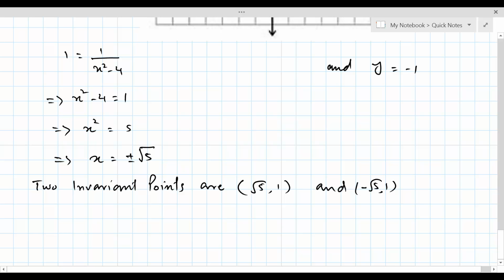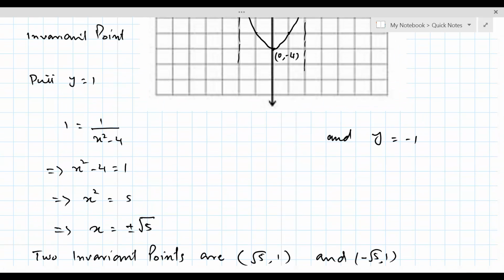And let's see if there is any invariant point for negative values of 1.